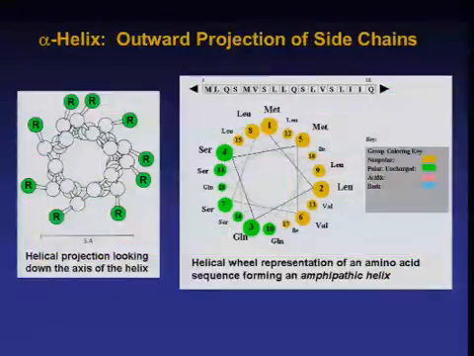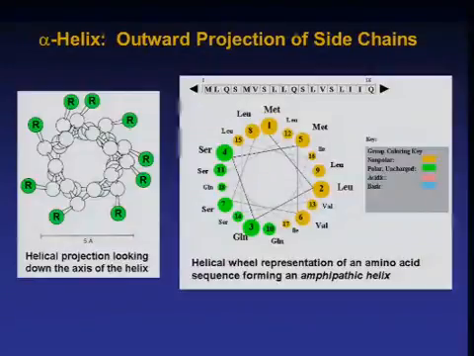The sequence is a localized sequence. It's a secondary unit. And what this is called is a helical wheel. So let's say this is amino acid 1, 2, 3, 4, 5, 6, 7, 8, right?